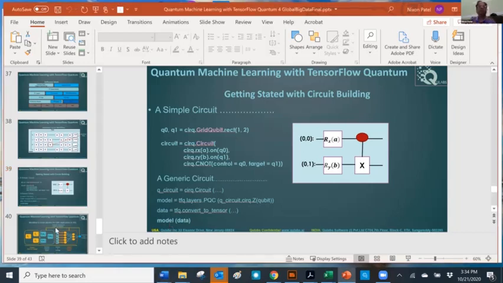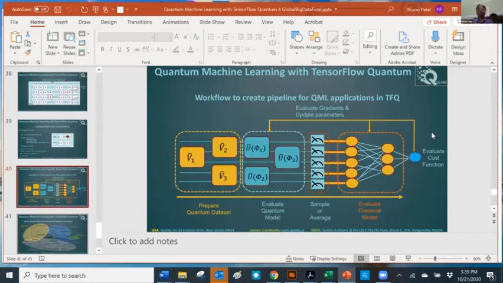So that's a way to run an algorithm. This workflow is very important. It builds the pipeline for running a typical quantum machine learning algorithm. So you see a concrete illustration to understand how this framework works, right?